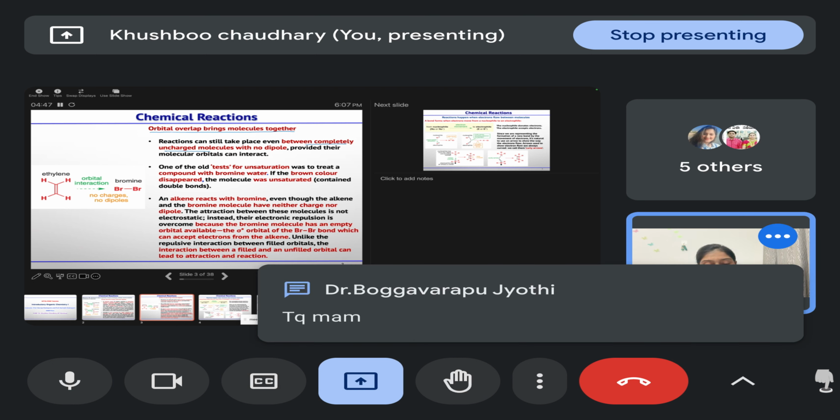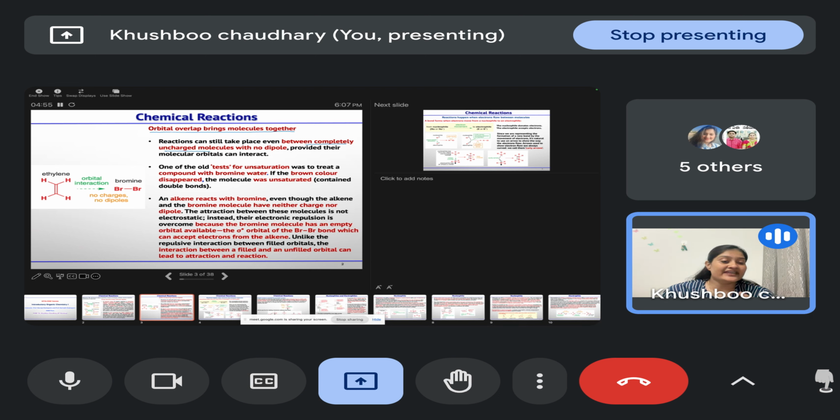Okay. So, the second cause for the attraction of molecules is orbital overlap. If we have completely uncharged molecules with no dipole, those kinds of molecules will also participate in chemical reactions. One example is when we test for unsaturation, treating our alkene with bromine water.